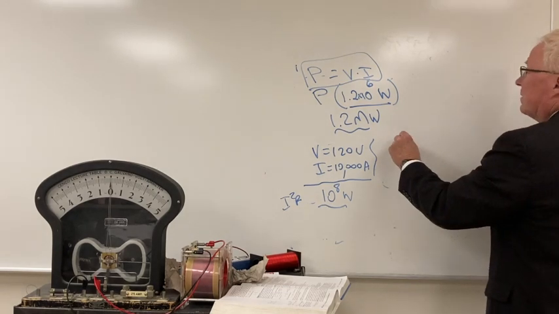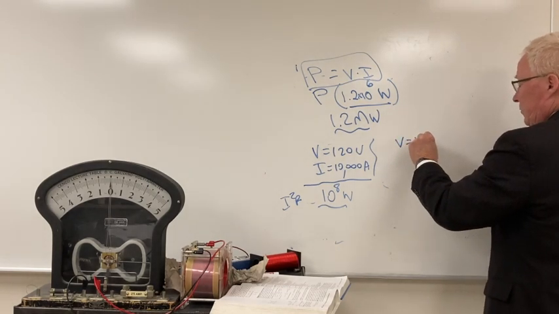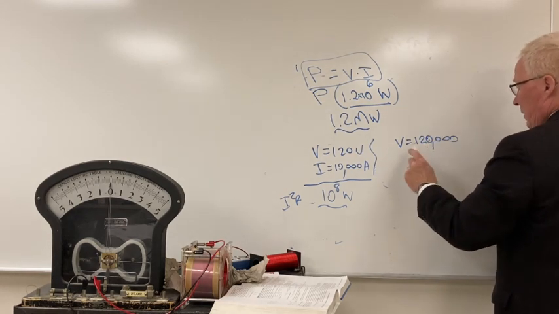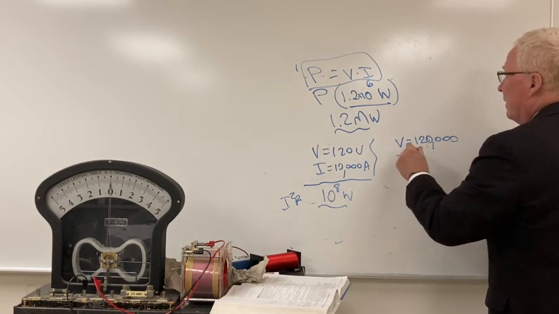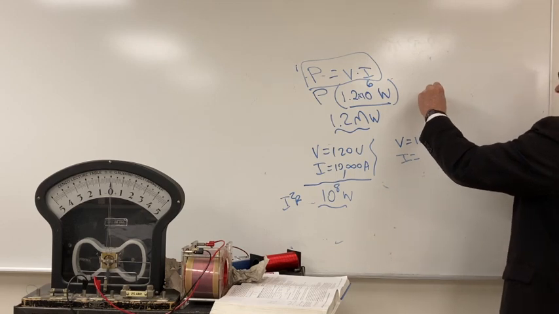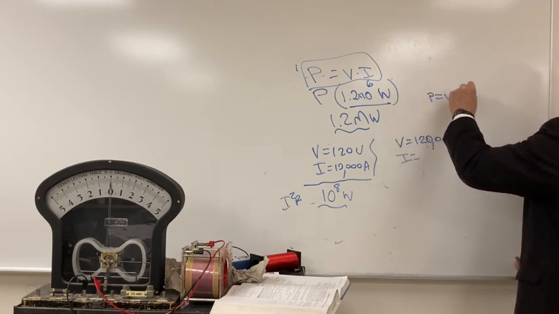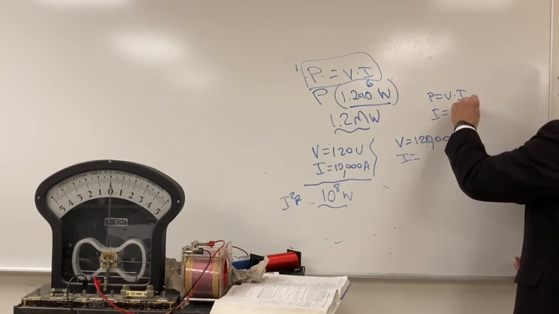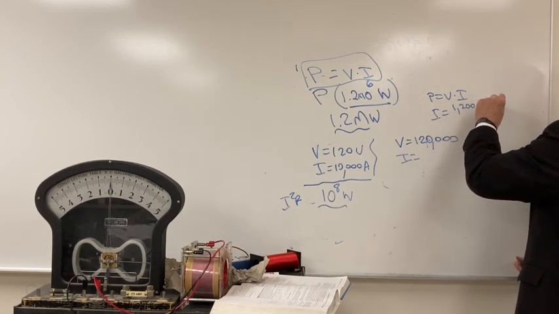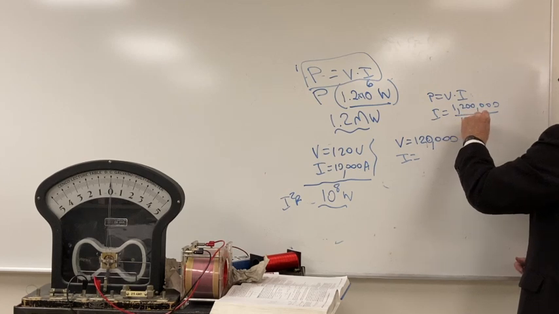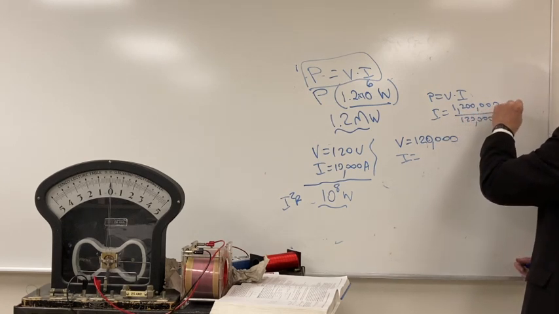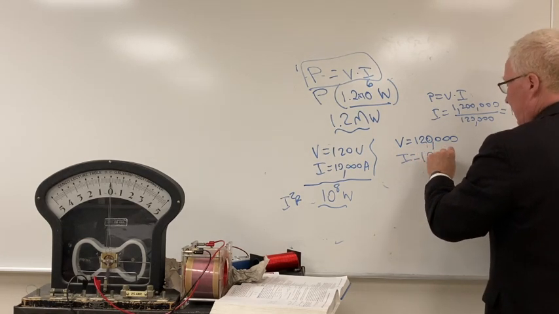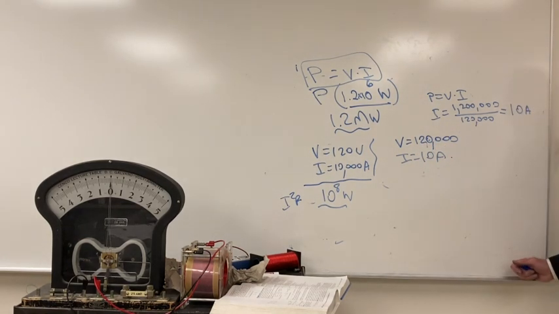Well, in this case, our voltage is 120,000 volts. What will be our I in this case, right? P equals V times I. So I will be 1.2 megawatts over 120,000 volts, which should be 10 amps. Same power, but at 10 amps.